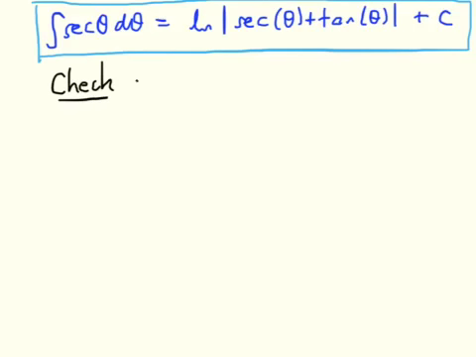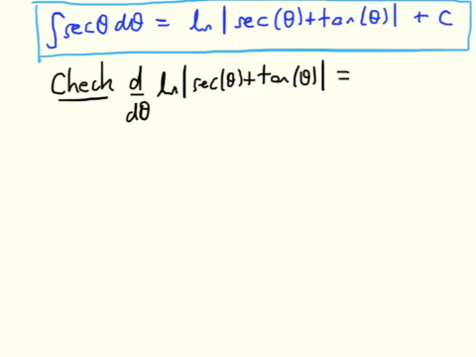So we should check that d by d theta of the logarithm of the modulus of sec theta plus tan theta is equal to 1 over cos theta or sec theta. So that's, I think, a very good exercise both for using the chain rule for calculating the derivative, and then having done that for algebra using trigonometric functions.